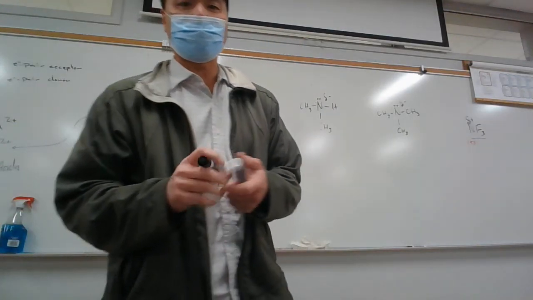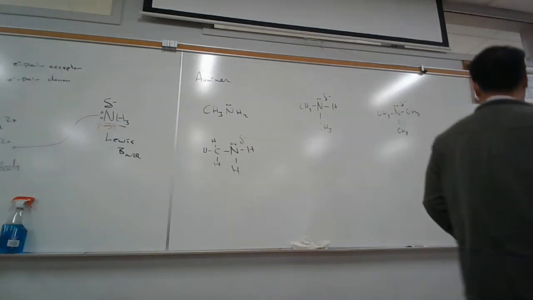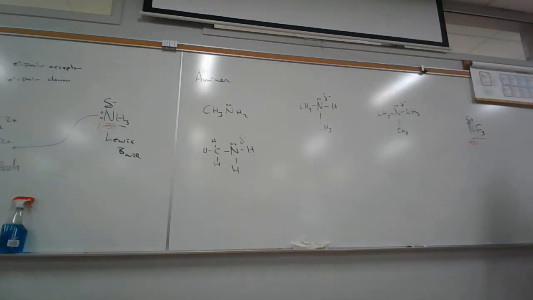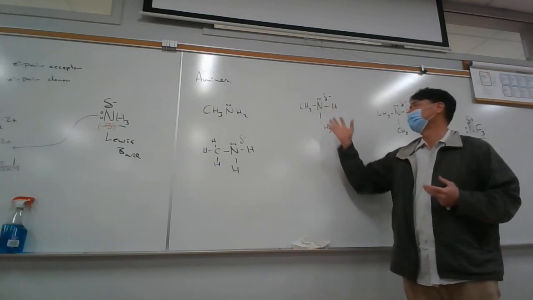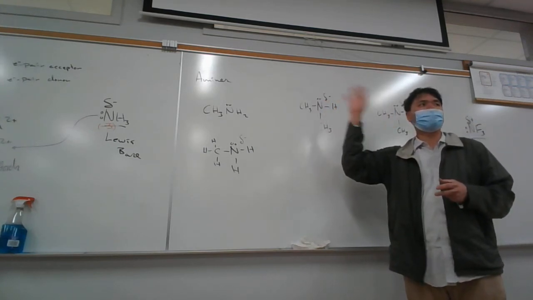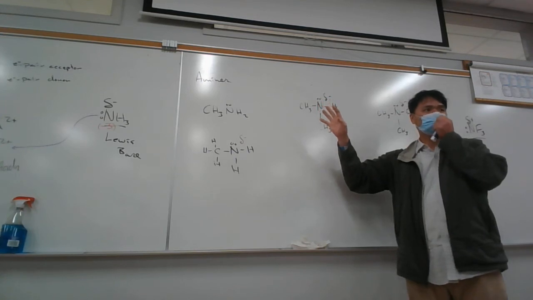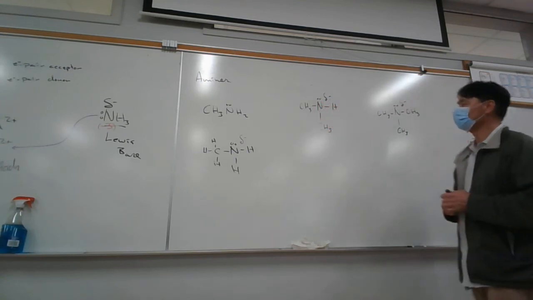Started again here. So when we look at nitrogen trifluoride, this is not classified as an amine. It has a lone pair, but because of the positive charge density on nitrogen, it's not a very good electron pair donor. A good electron pair donor has lots of negative charge density, so it's willing to donate its electron cloud to another atom to form a bond.